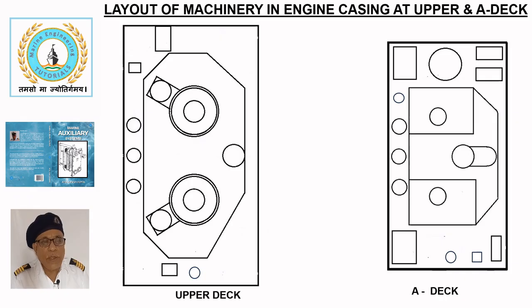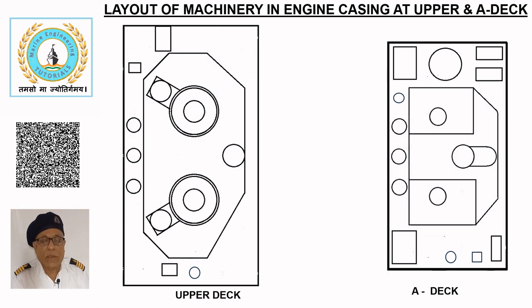Layout of machinery in engine casing at upper and A deck. This sketch shows the equipment located in the engine casing on the upper deck and A deck levels. Two auxiliary boilers (1) extend up to the upper deck.